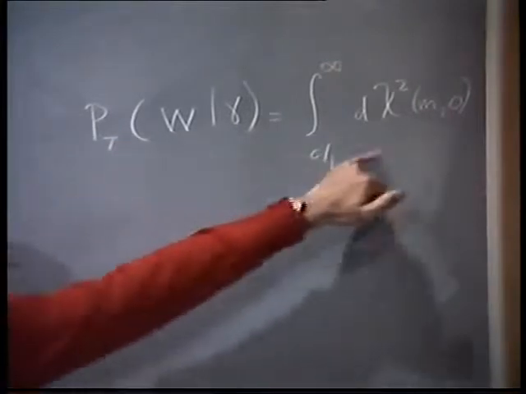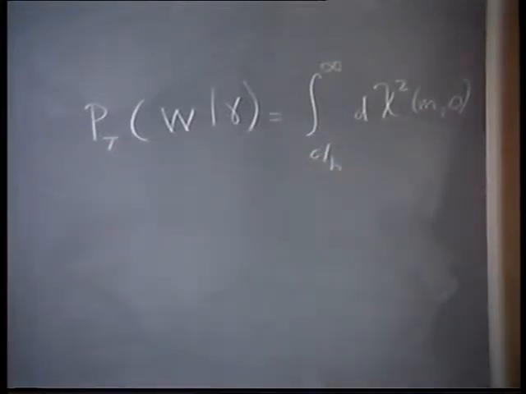And we use this relationship to generate the approximate power of the test statistic W.